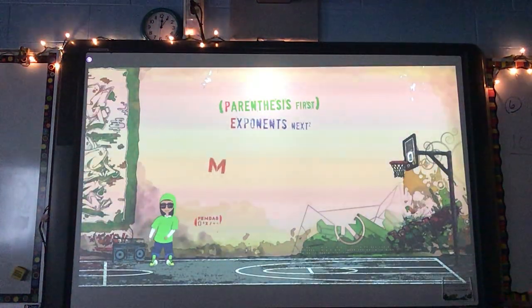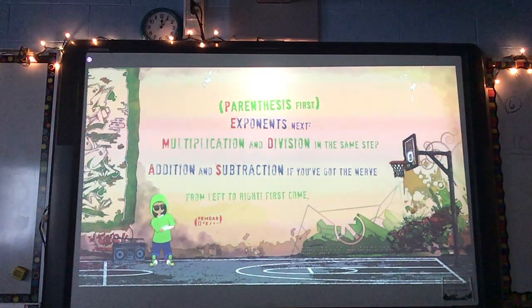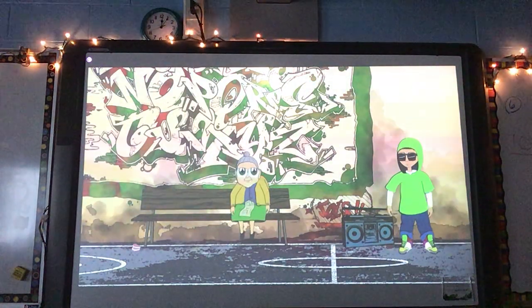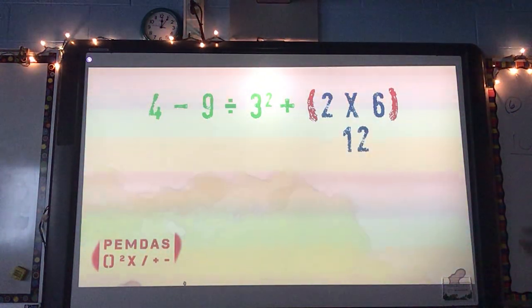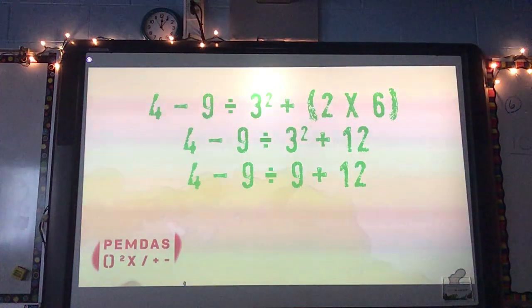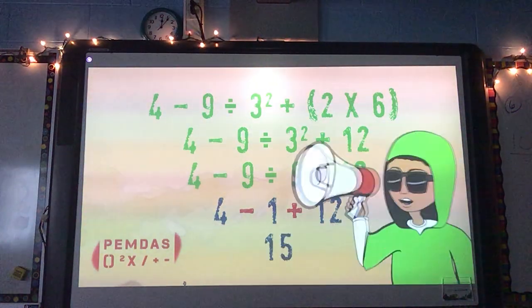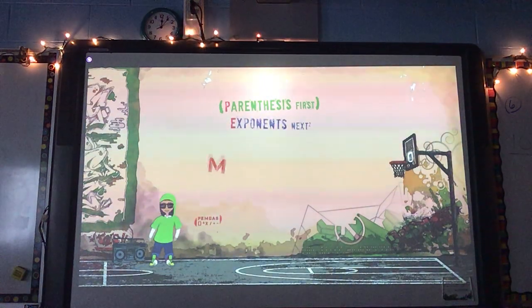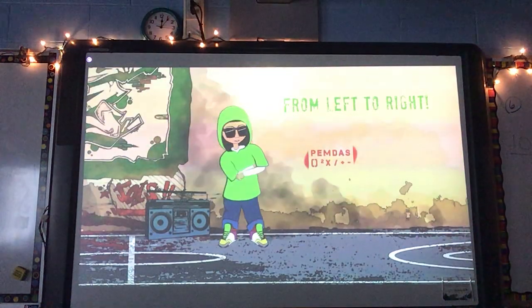Parentheses first, 2 times 6, the product's 12. Exponents next, 3 squared is 9. 9 divided by 9 is 1. 4 minus 1 has a difference of 3. When we add the 12, we get 15.